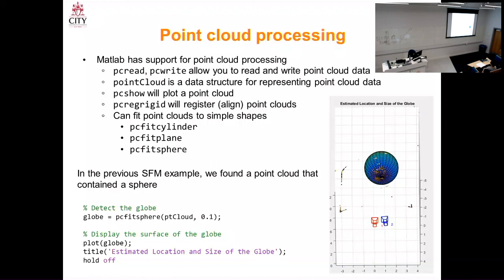All of these points are on a sphere, okay? You can use functions like pcfitsphere, which will try to fit a sphere to the data. You might not be surprised to learn that this function uses RANSAC to fit a sphere to a noisy collection of points with a bunch of outliers. Anyways, you can play around with that. That's all in MATLAB as well.